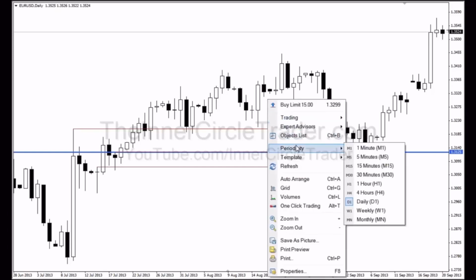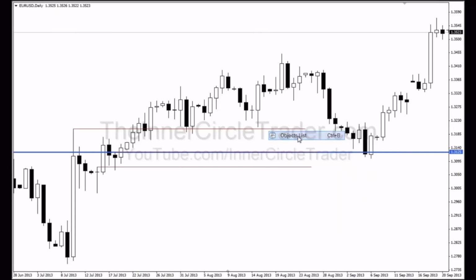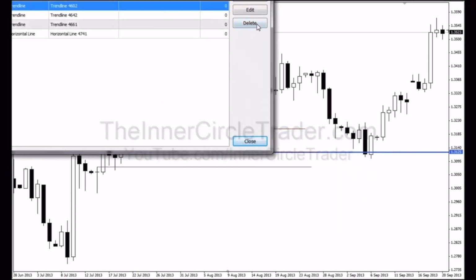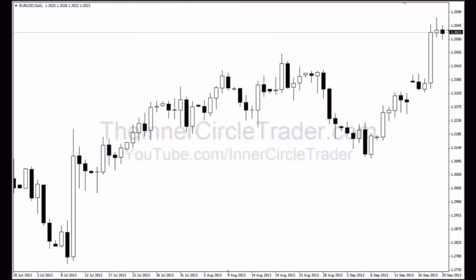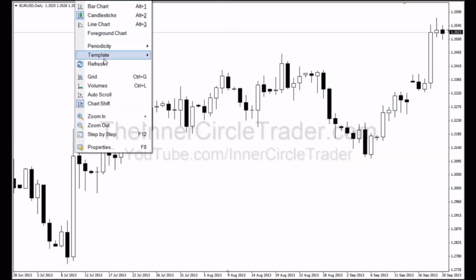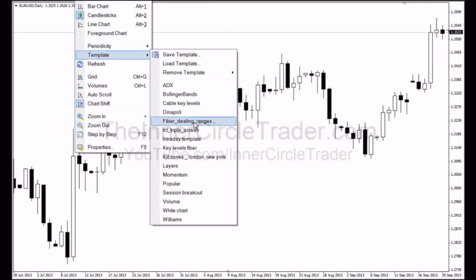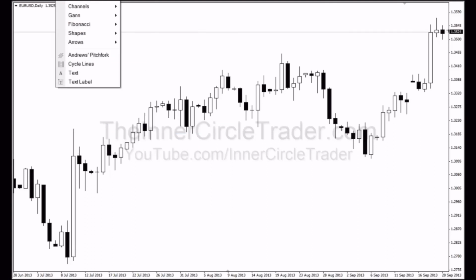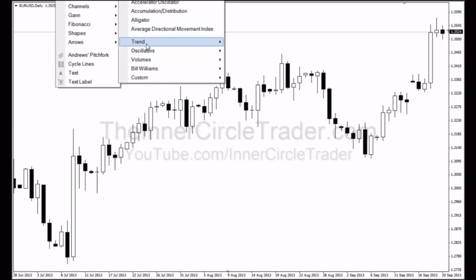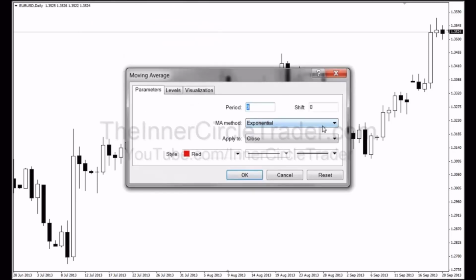If we look at the market on a shorter time frame, okay, and we're going to apply our tools we learned for the directional bias.